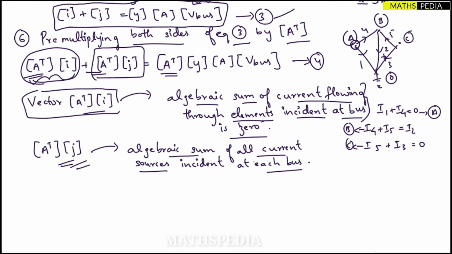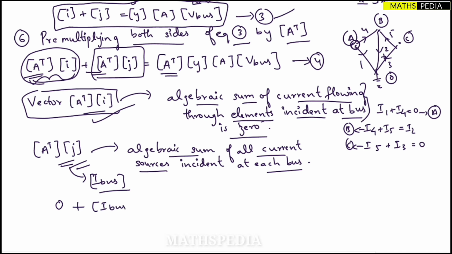Okay, so this thing I can represent as I bus. This you have to remember. A transpose into J is nothing but I bus, but A transpose into I is 0. Remember this in this derivation. So I am just putting 0 plus A transpose into J is nothing but I bus.